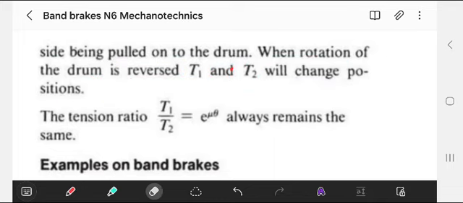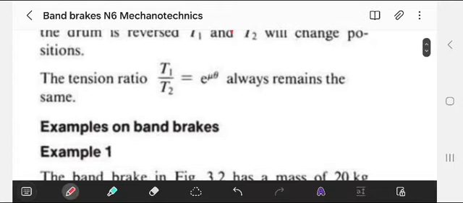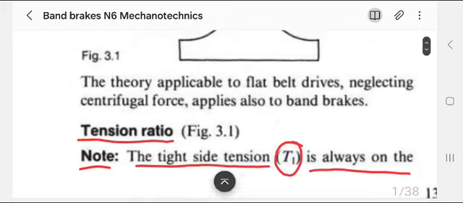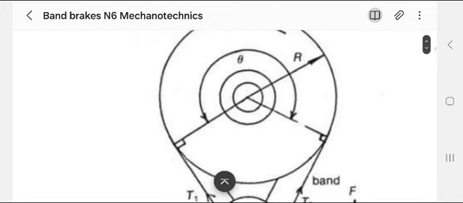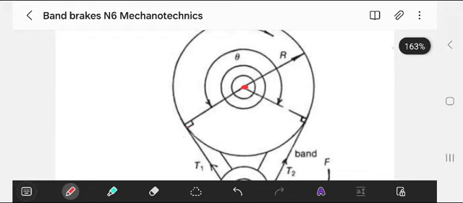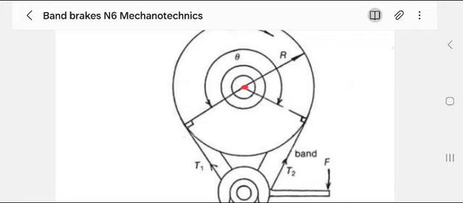Then what is important again is to know the tension ratio. You'll still remember T1 over T2 is equal to e to the power of the coefficient of friction times the contact angle. Another thing you're supposed to understand: the contact angle is here, guys. It is between where the tension starts, from the center until where the tension starts at the end.